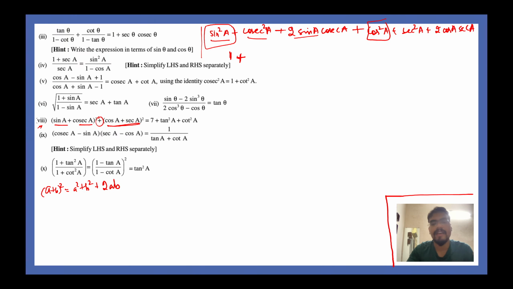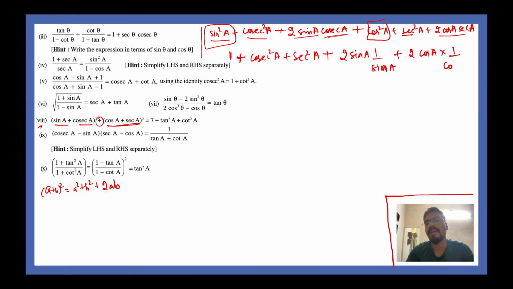Write down cosec square A plus sec square A as it is, plus now writing this 2 sine A multiplied by cosec A. Converting this cosec A into sine, you get 1 upon sine A, plus 2 times cos A times sec A, which is 1 upon cos A. Now cos A cancels out, sine A cancels out.